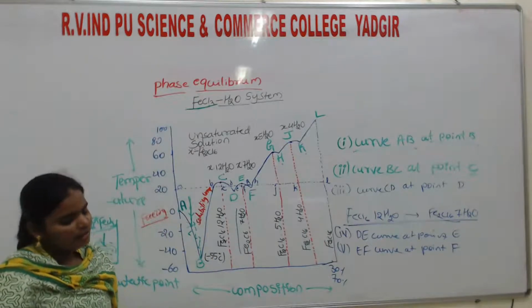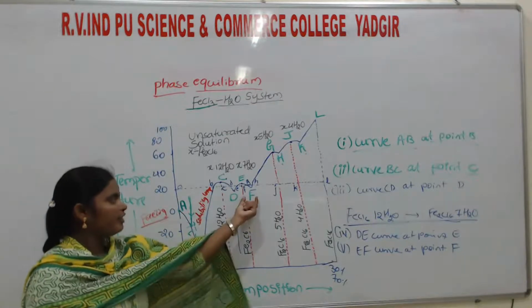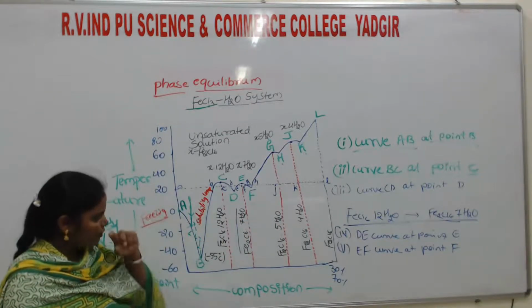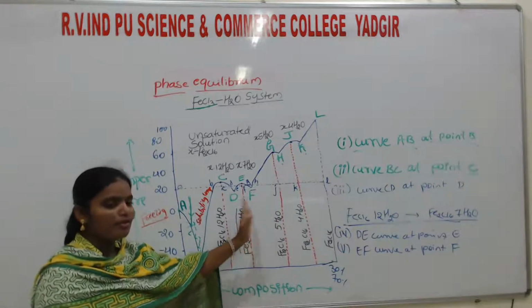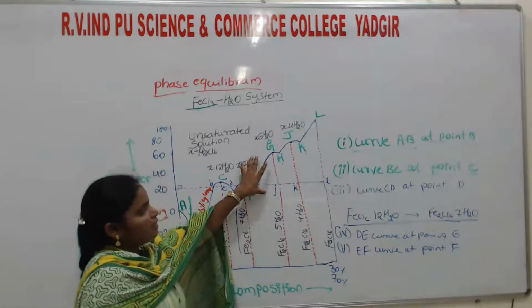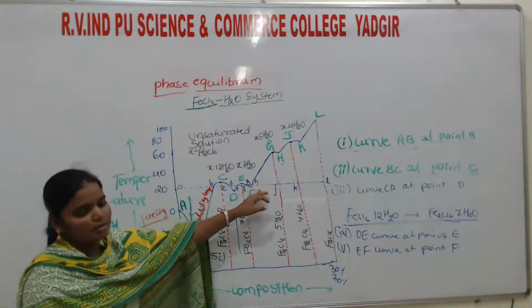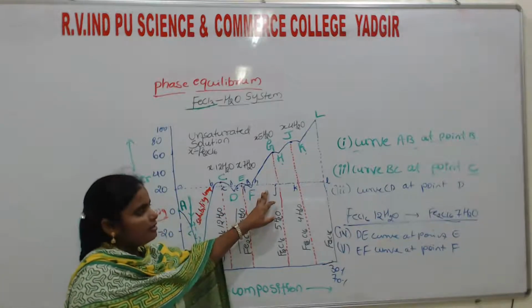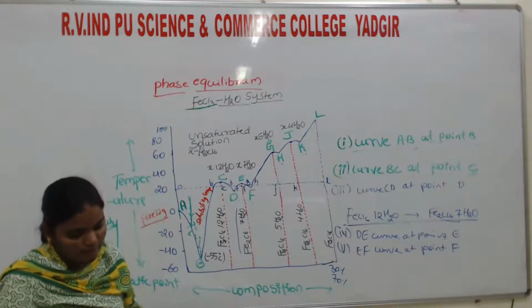Here F is a triple point, that is a eutectic point. The phases are Fe2Cl6·7H2O, the newly formed solid Fe2Cl6·5H2O, and a liquid. Because three phases exist in equilibrium, that is known as the eutectic point.